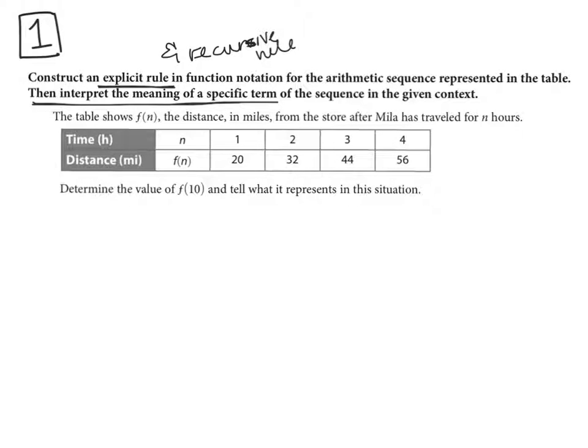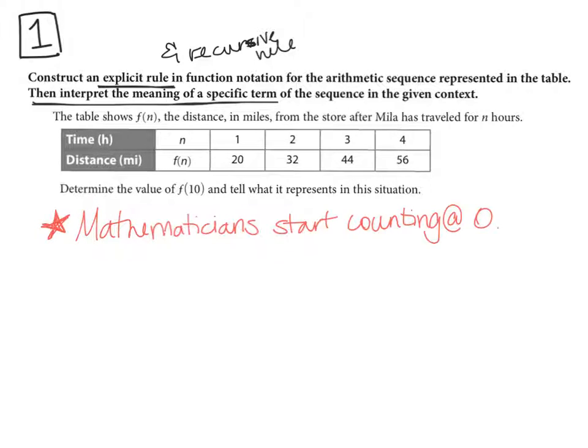Before we start this example, you do probably need to copy this table down in your notes. But the big thing that I need to say before we start is something weird about mathematicians. And that is that mathematicians start counting at 0.